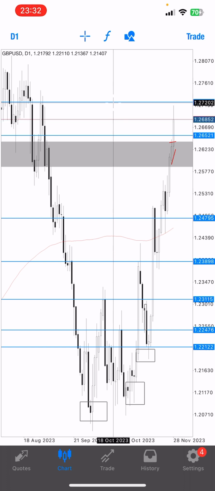That is 1.27200. So let's monitor and see what GBPUSD will do. When it gives us a bearish structure, we shall be able to enter and put our stop loss around here. So that is it for today on GBPUSD and how you can play around with these markets.